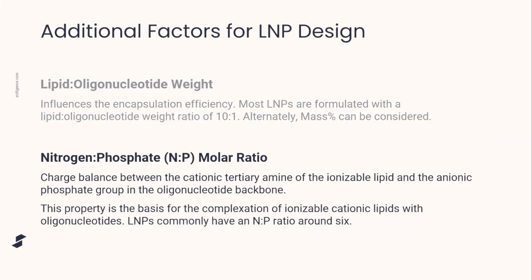This keeps the charge balance between the amine on the ionizable lipid and the phosphate group on your oligonucleotide backbone. LNPs commonly have a ratio of around 6, but obviously, if you want to adjust that, that's something you'd, of course, keep track of in your electronic laboratory notebook.